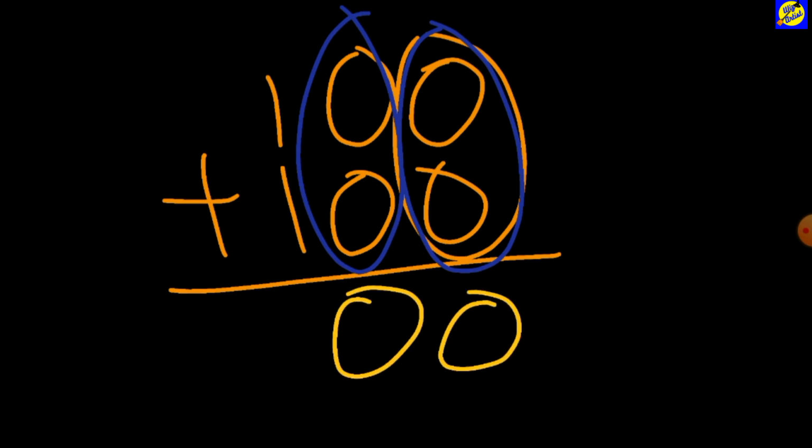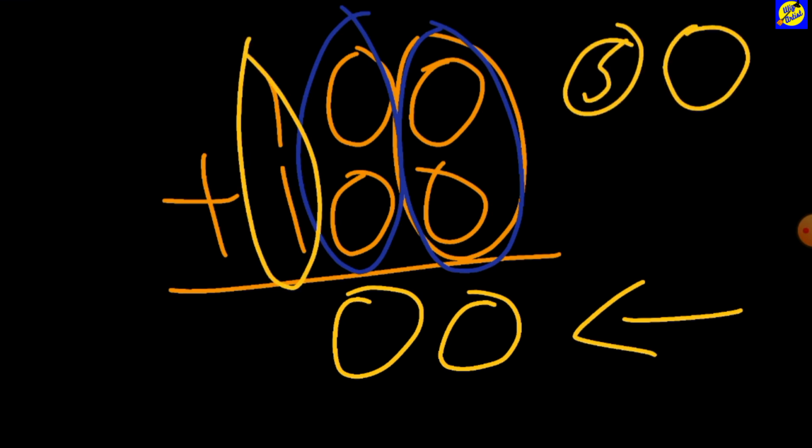You don't need to do any calculations. Automatically 0 will come here. And then 1 plus 1 is 2, so you're going to write 2 over here. Understood? So 0 plus 0 will always be 0. No matter how many times you add 0 with 0 itself, you're going to get the same number.